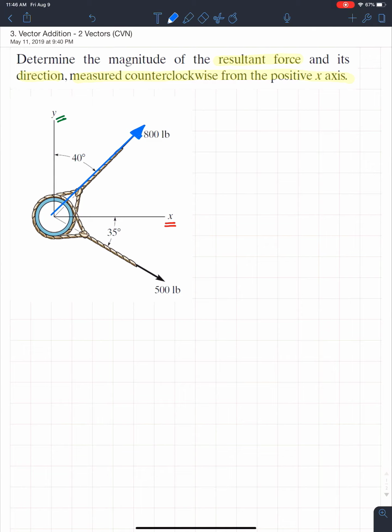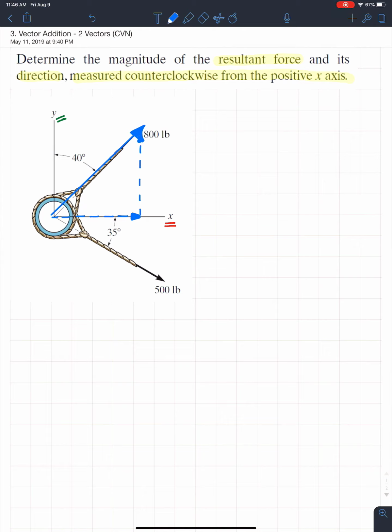So this vector here, the 800-pound vector, is composed of two components. We've got the horizontal component, which will go something like this. And then we've got a vertical component, which goes straight up like this. I always put little arrowheads on these components too, just to show what they are.